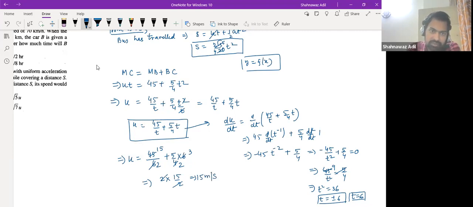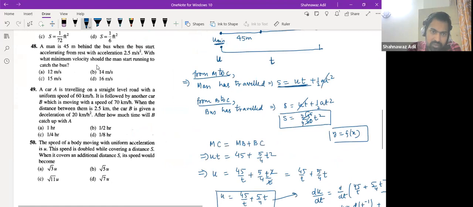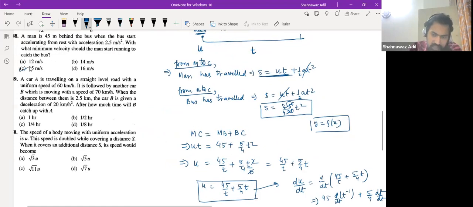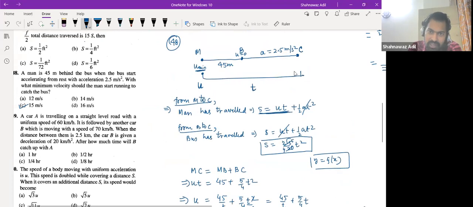So this one, C. Did you guys get the question? Yes, sir. So this is the minimum speed with which the man has to start to catch the bus at this point.